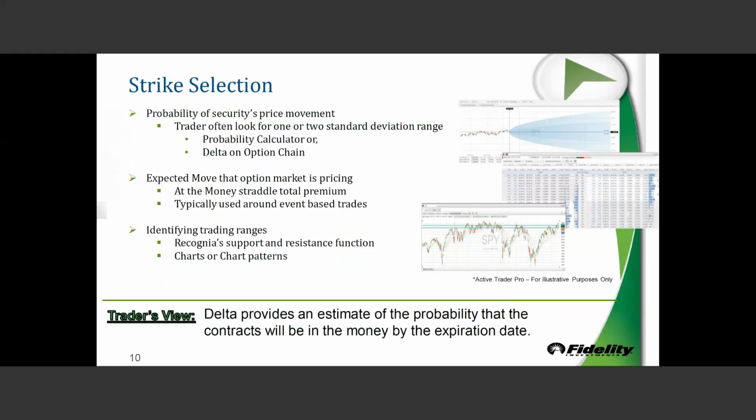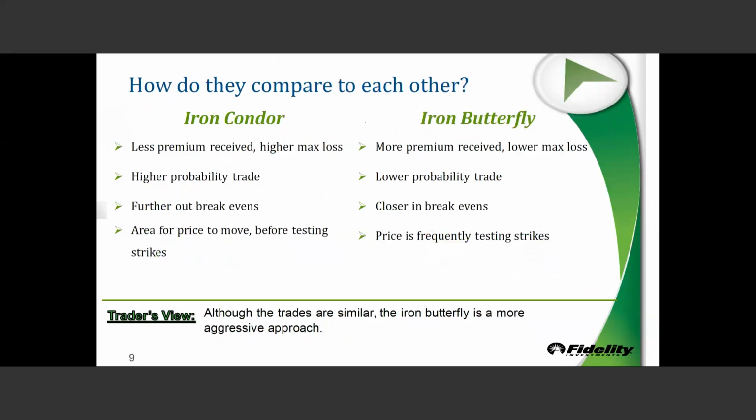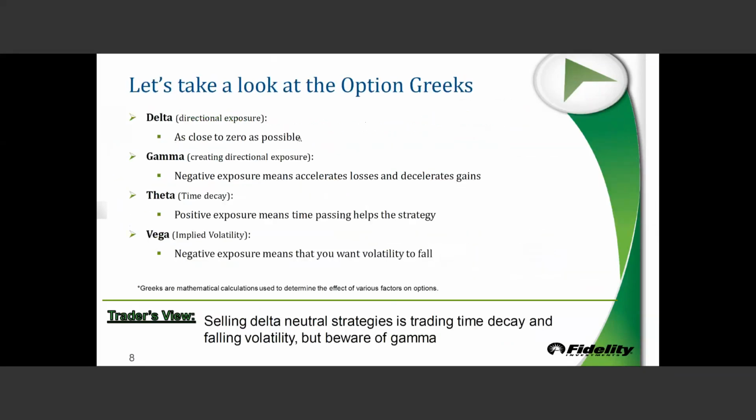You can go to delta based trading, but this is not a delta trading strategy. Iron condor is what is generally known as a neutral strategy, which means the net delta is zero. Net delta is as close to zero as possible.